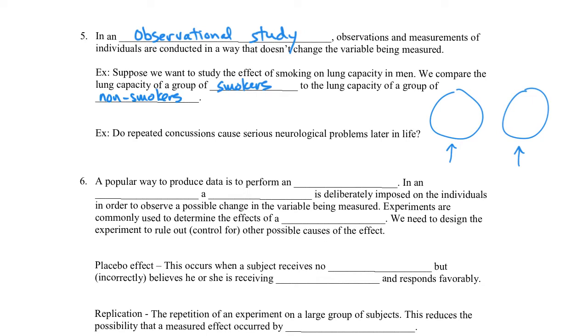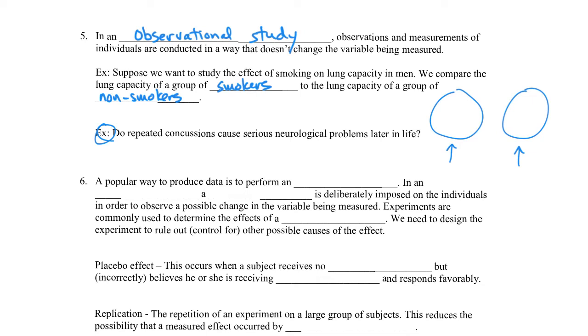Another example right here, and this is a big question over the past few years about repeated concussions. There's been a lot of talk about it because of football. I've always been talking about boxing, but football is a newer topic. And it's trickled down to kids' sports.